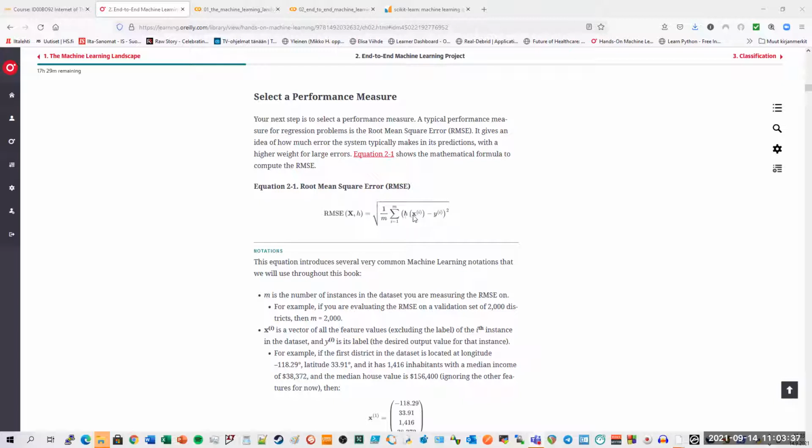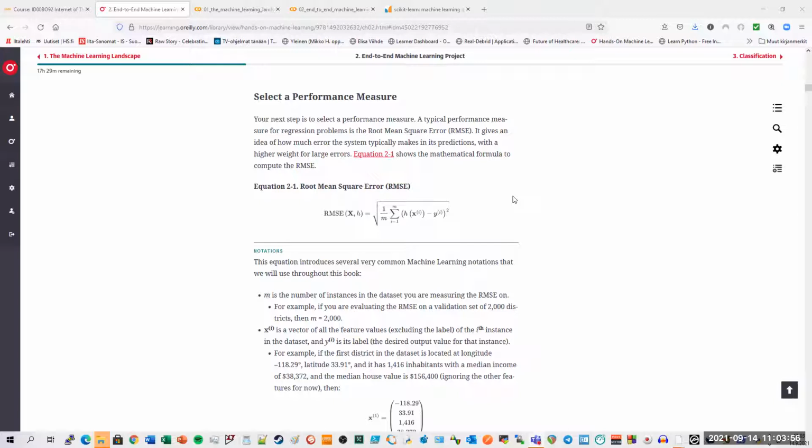So you calculate the difference between the function, the straight line, and the data point. If they match, so if the data point is on the line, then of course this will be 0 and it doesn't add any error.